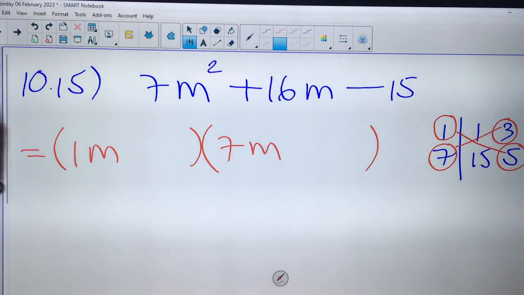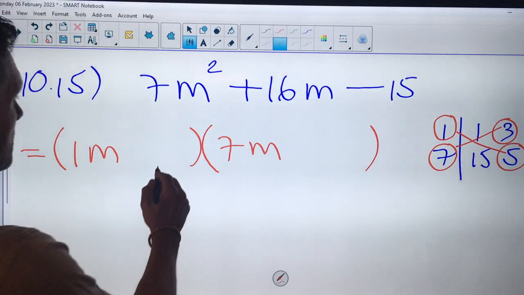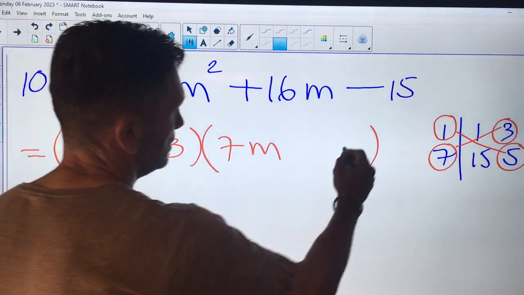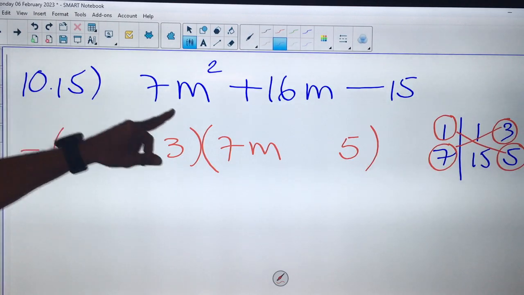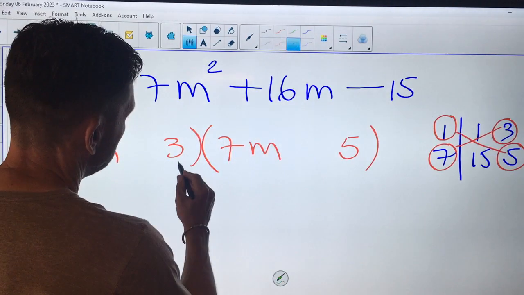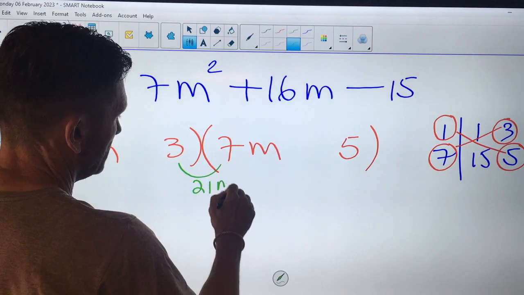So there's 1m and 7m. 7 is multiplied to 3. That means 7 and 3 can't be in the same bracket now. The 3 goes there and 5 goes there. But we need to get a positive answer. If I multiply these two, I'll get 21m.